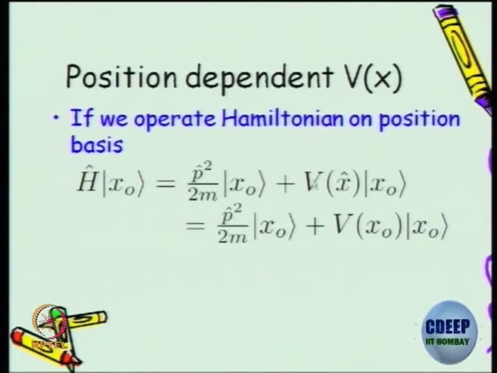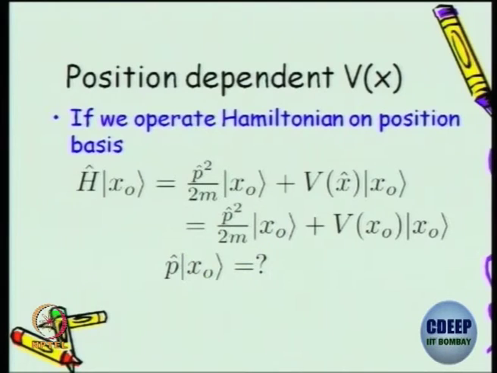The same functional form will be there. This also you have tried in one of the tutorial sheets, right? If the eigenvalue equation of the x operator on x0 is x0 times x0, any function of the x operator will give you the same functional form of x0. Recall? So I have just written. So <p|x0>, the question is still remaining, what is <p|x0>?